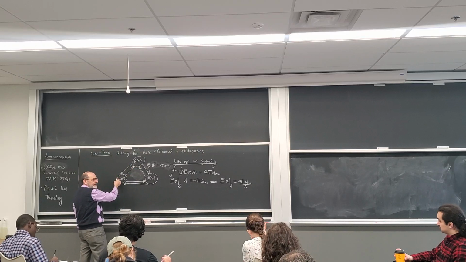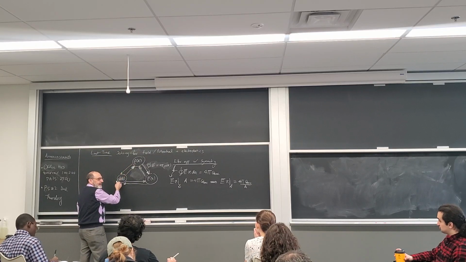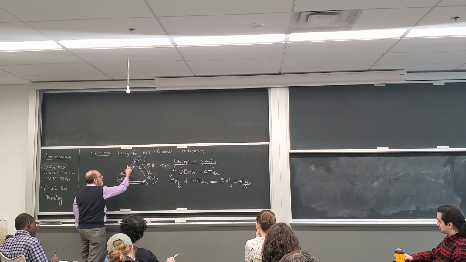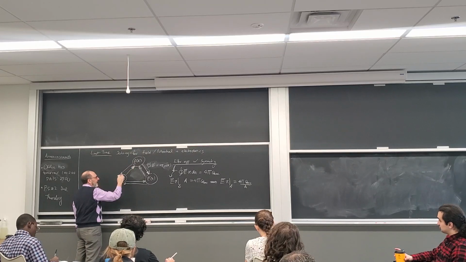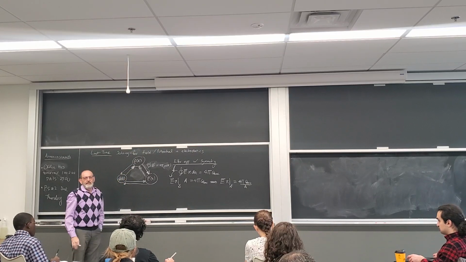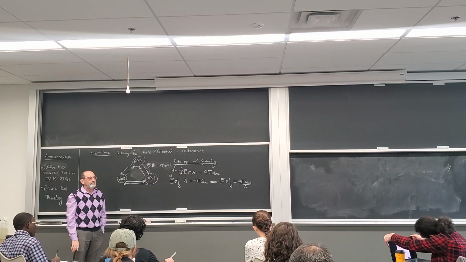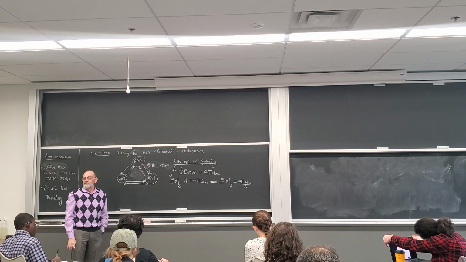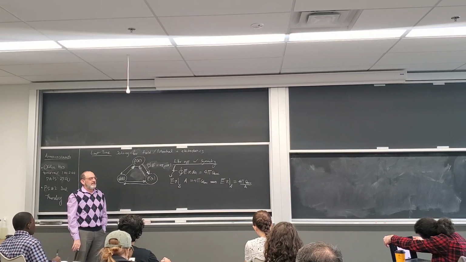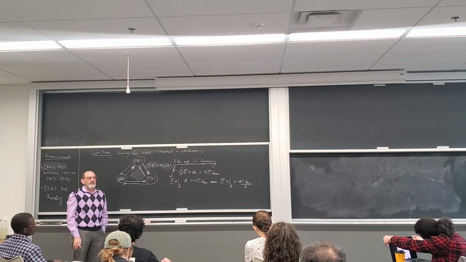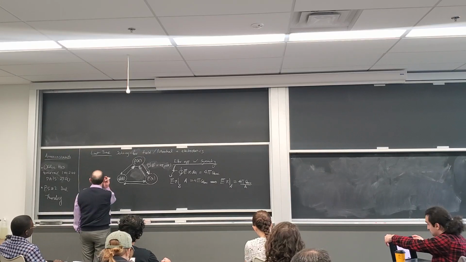I'd need to find the potential. It's much easier to directly integrate and find it. How would I do that? If I was giving you the charge density and I wanted to know what the potential is, how would I find it? Green's function, yeah.